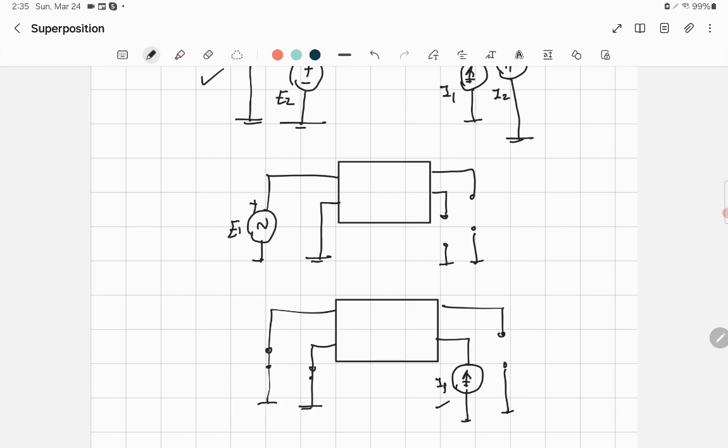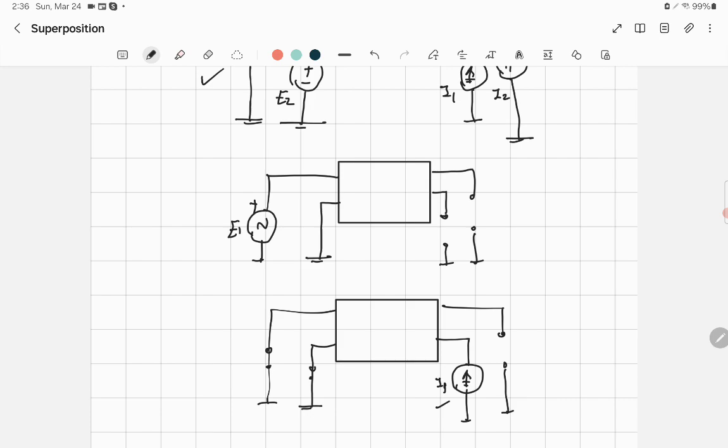So this approach often reduces the computational complexity of circuit analysis, saving time and resources. Flexible also. Why? Because the superposition theorem is applicable to both linear and nonlinear circuits, providing engineers with a versatile tool for analyzing a wide range of circuit configurations and components.